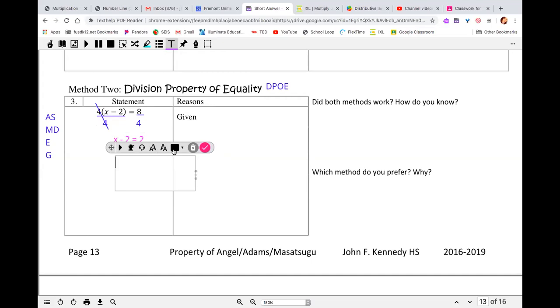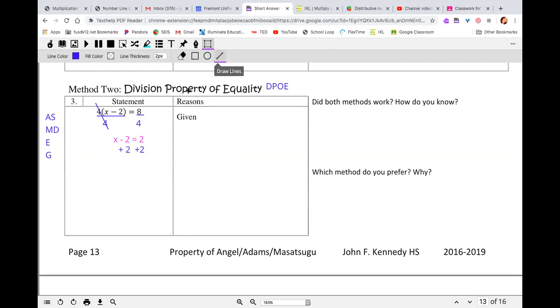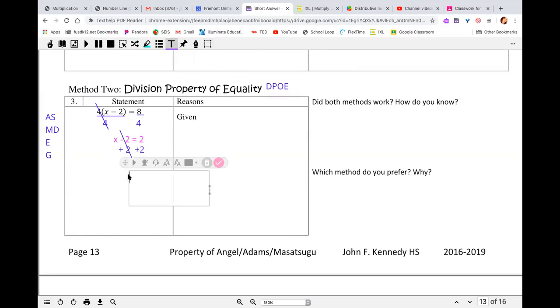So now I'm adding 2 to both sides. So adding 2, negative 2 plus 2 is 0. They cancel out. And 2 plus 2 is 4.